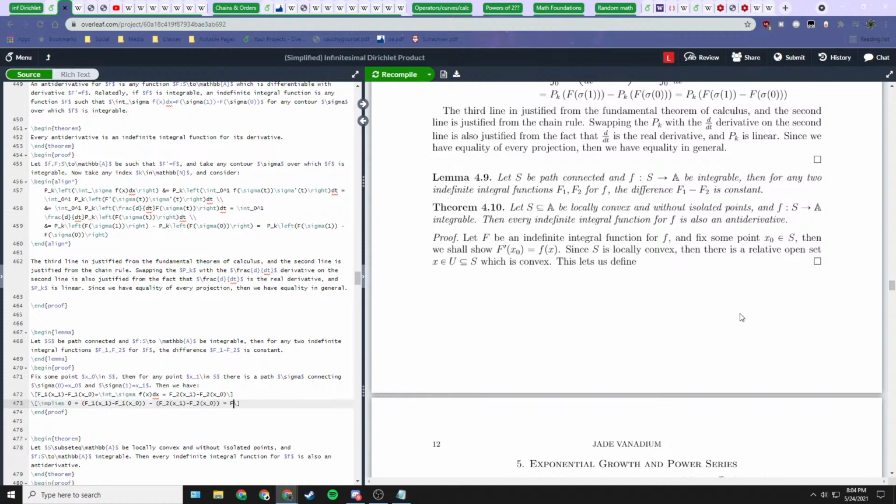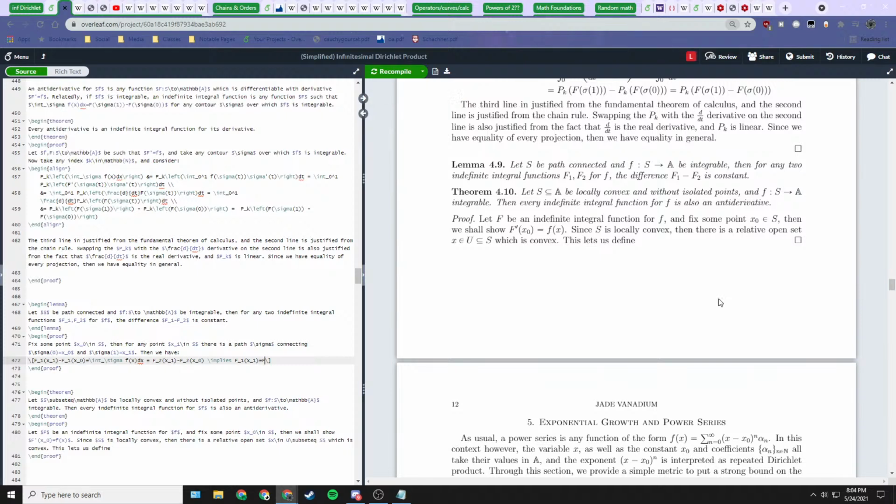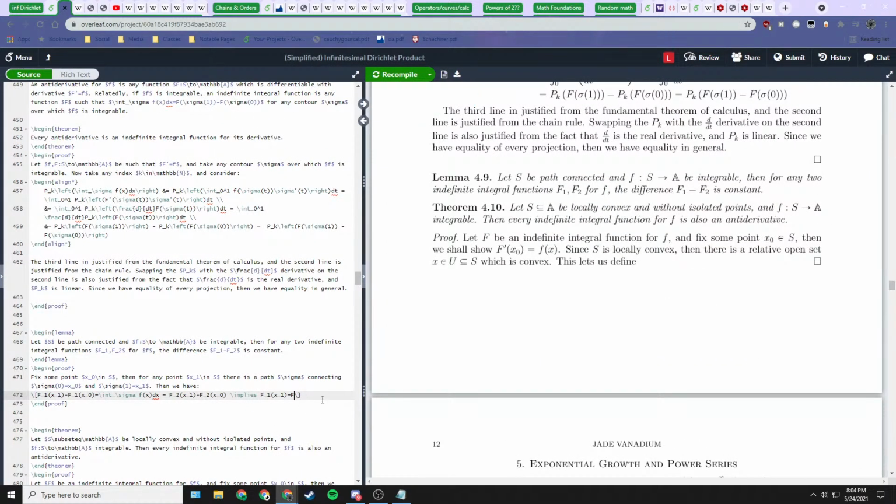Actually, I guess this isn't really necessary. Oopsies. That is not correct. F sub 1 minus F sub 2 is equal to F sub 1 x0 minus F sub 2 x0.